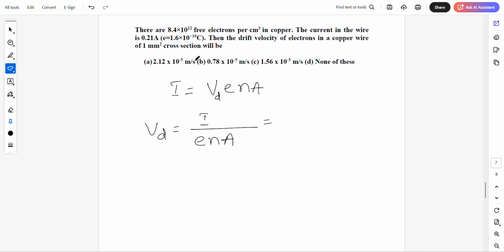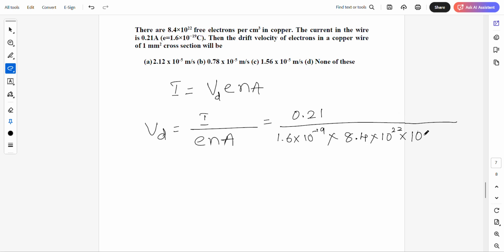How much is I? They have given 0.21 amperes, divided by e, which is 1.6 into 10 to the power of minus 19, into n. How many free electrons are there? You have to be careful here: it is per centimeter cube, therefore you write 8.4 into 10 to the power of 22 into 10 to the power of minus 6 in the denominator.